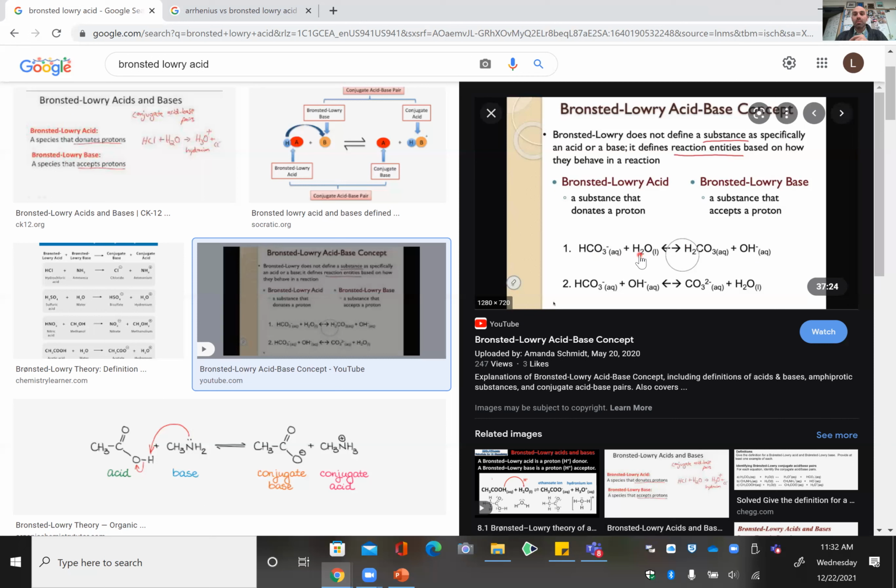So the simple act of donating a hydrogen, or a proton, from water will make water our Bronsted-Lowry acid, and the bicarbonate, excuse me, our Bronsted-Lowry base. Okay, it accepts the proton. This one donates the proton.